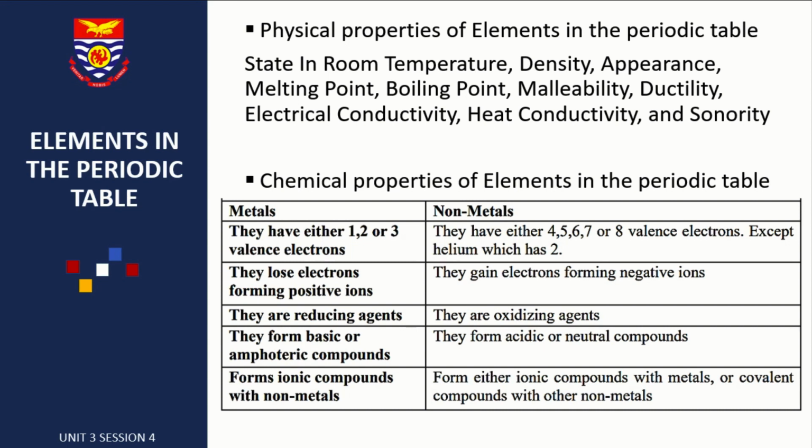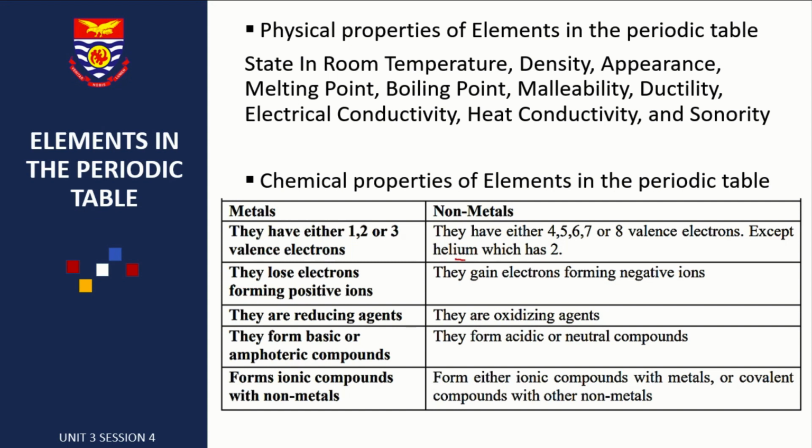Talking about their chemical properties, say for metals and non-metals, these are some of the properties that we can define. So the metals have either 1, 2, or 3 valence electrons. Likewise, the non-metals can have 4, 5, 6, 7, or 8 valence electrons, except for what?